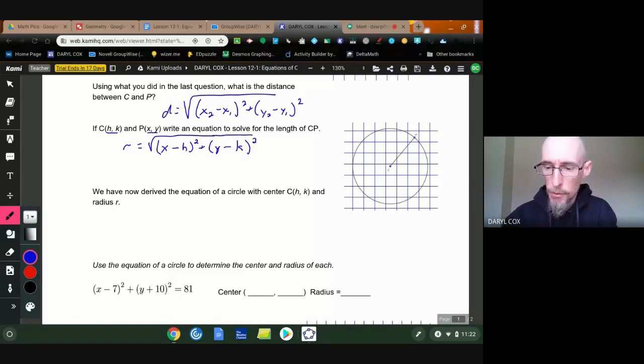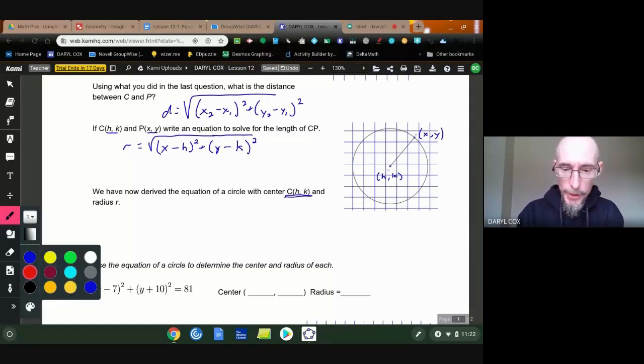So what we've done there is we've said, well, this point C, this is the point h, k. And this point P is x, y. What that means, that point P could be anywhere on the circle. It's any x, y point that's on the circle. h, k, however, is the center of the circle. What we do now, let's say that I were to take this and square both sides of this equation, because we learned in algebra you can do the same thing to both sides.